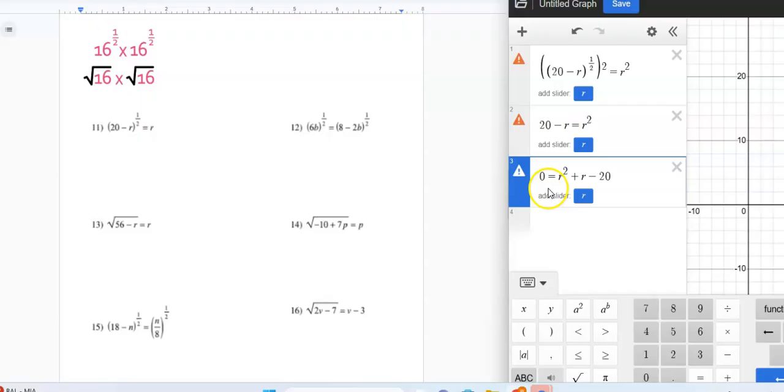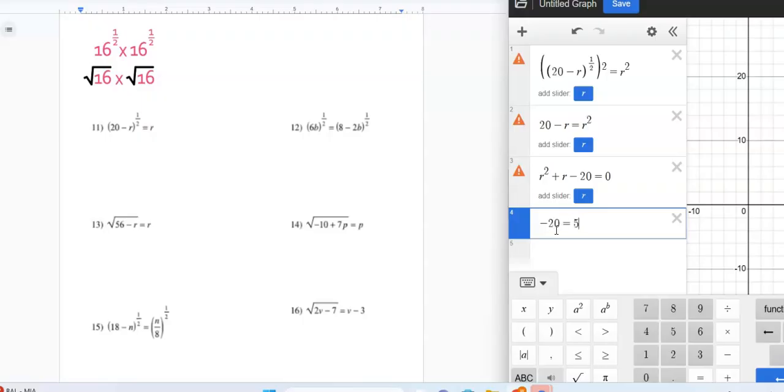I have this. Now, this should look familiar to you. This is a factoring question now. Also it looks a little weird to say 0 equals, so I'm going to make it say equals 0. All right, so you want to find factors of negative 20 that add up to 1.